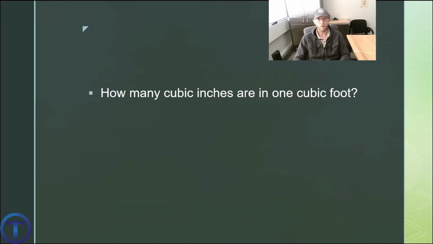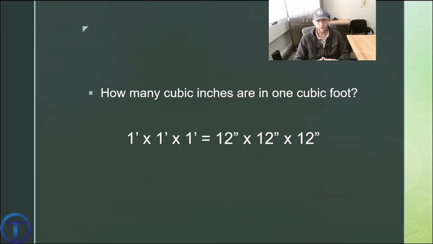Let's go on to volume. How many cubic inches are in 1 cubic foot? Well, we just take it the same way we were a minute ago with the area. Now we're dealing with 3 dimensions, so we have length times width times height, or 1 foot times 1 foot times 1 foot equals, this is the same volume as 12 inches times 12 inches times 12 inches, right?